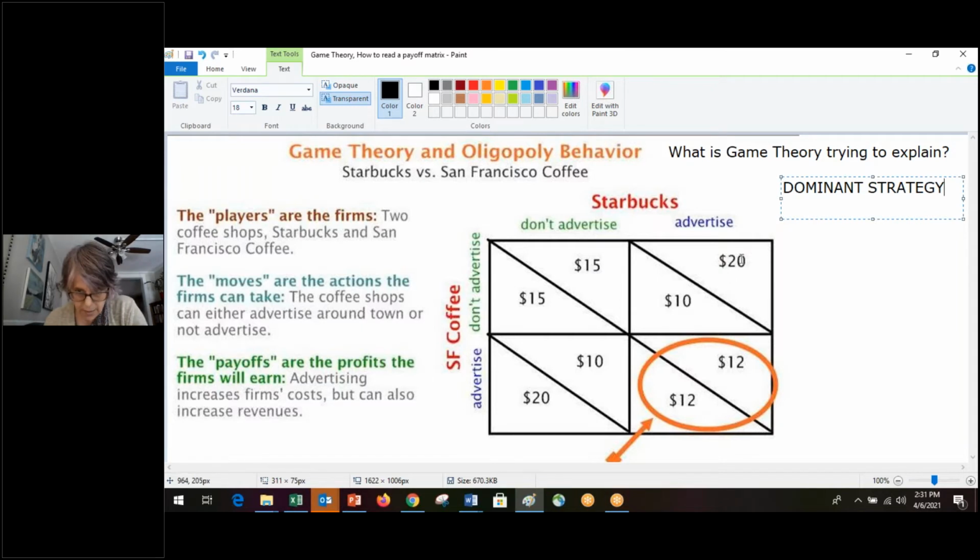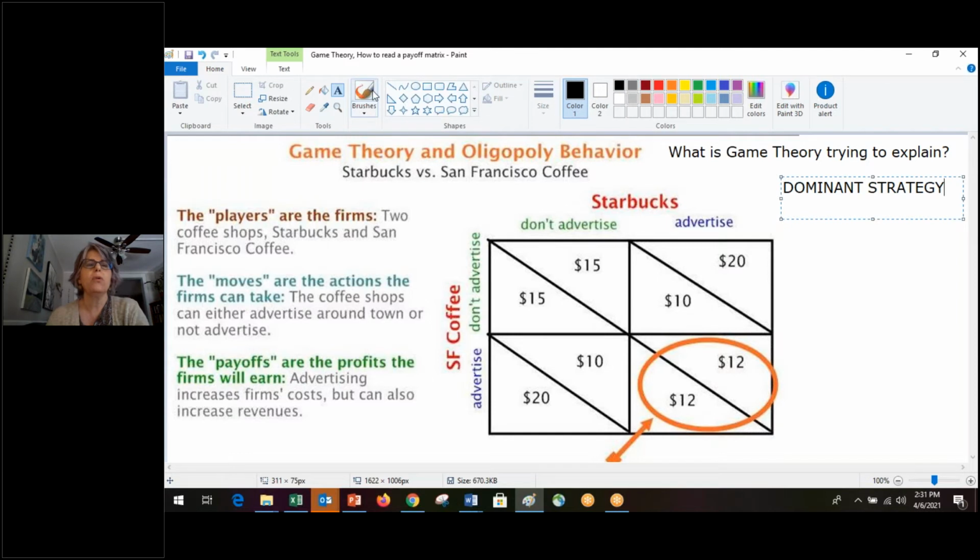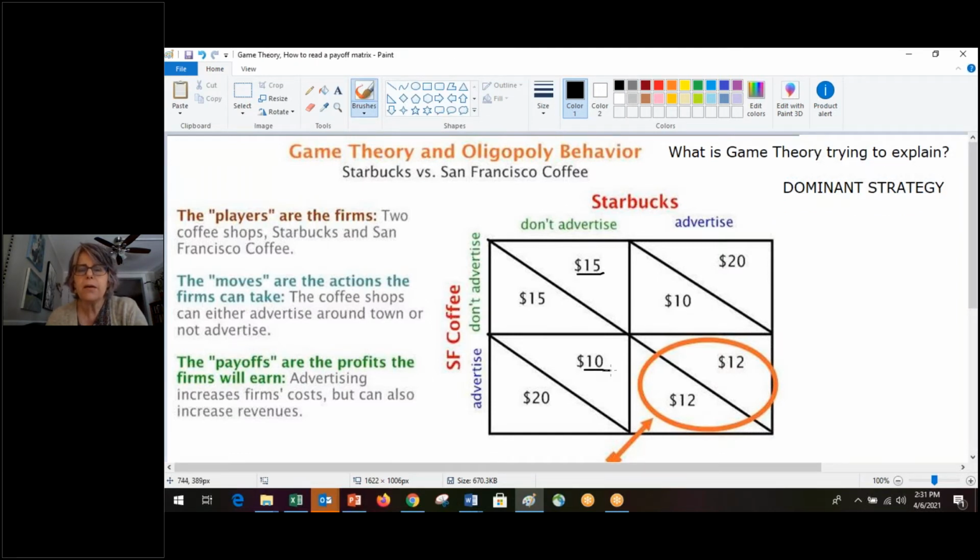But 20 is better than 15. In both instances, 20 is greater than 15 and 12 is greater than 10. So to advertise is Starbucks' dominant strategy.